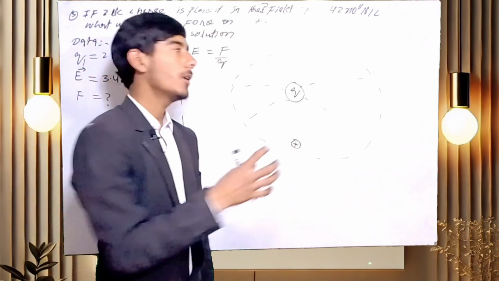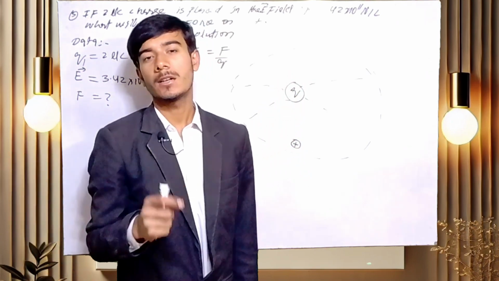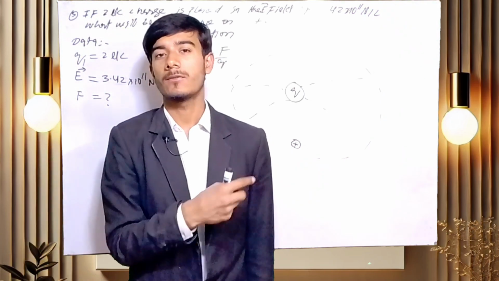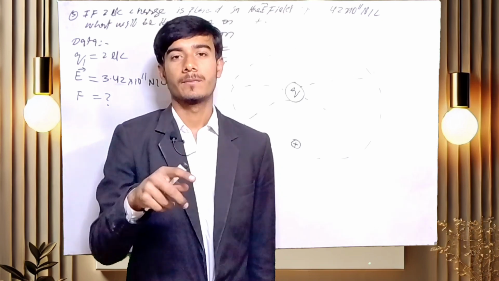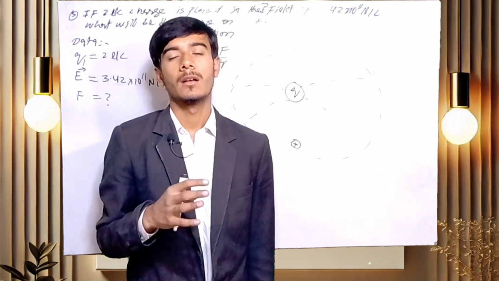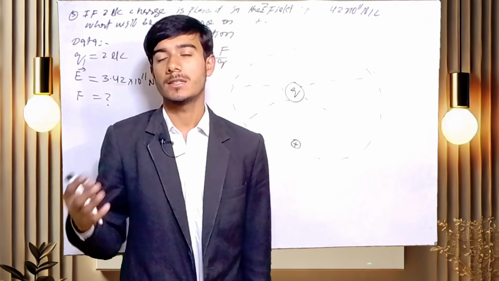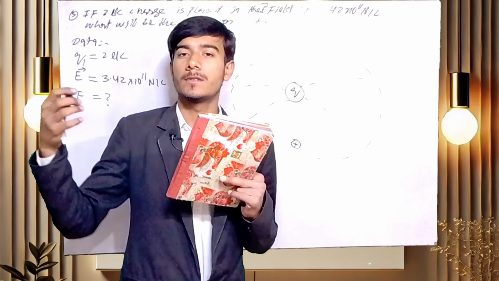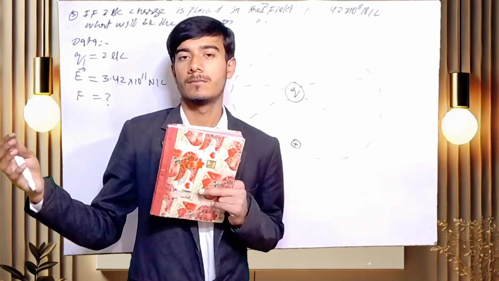But if I move away from this charge, it will not attract, because it is not near the electric field. Electric field is the region around the charge where the charge can exert a force on another charge. But if I move the charge away from the source charge, it cannot attract.